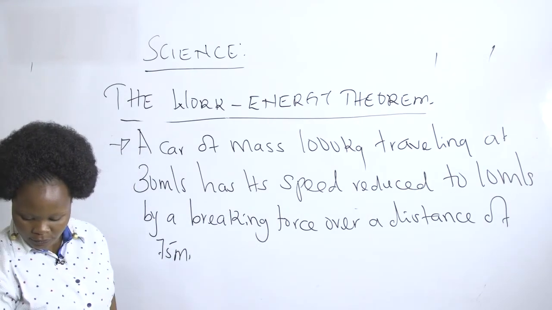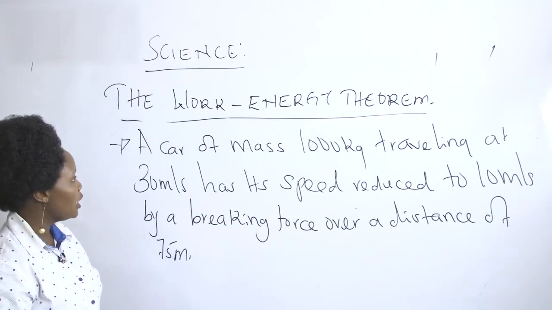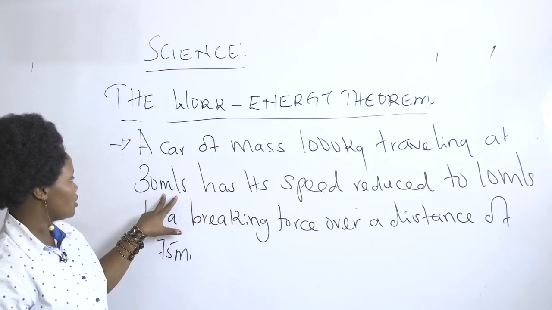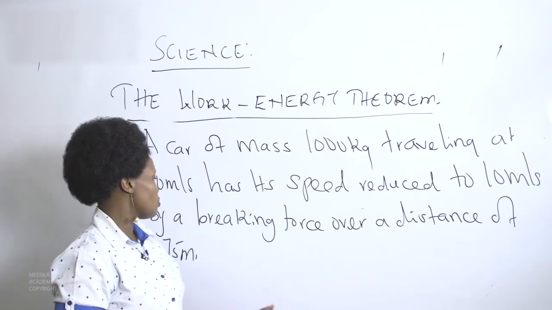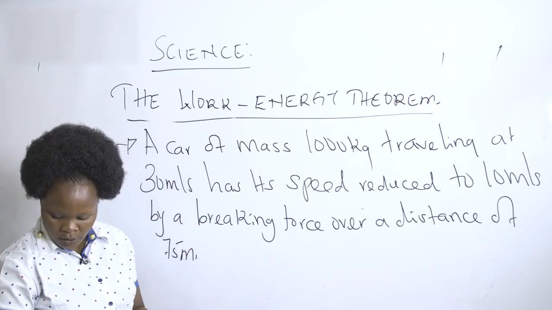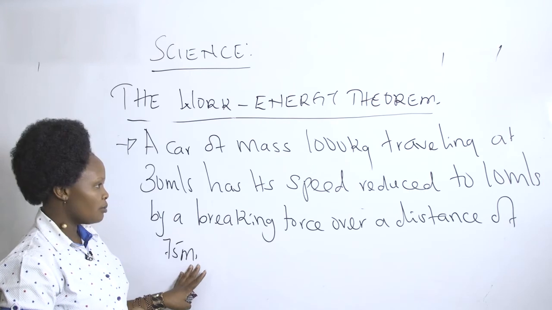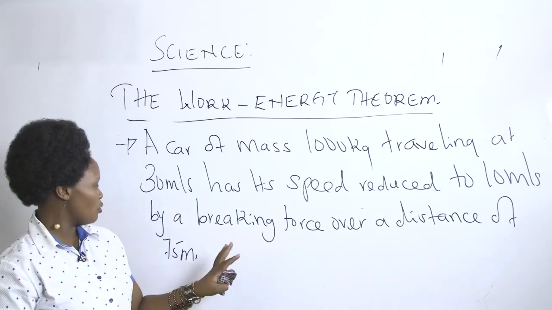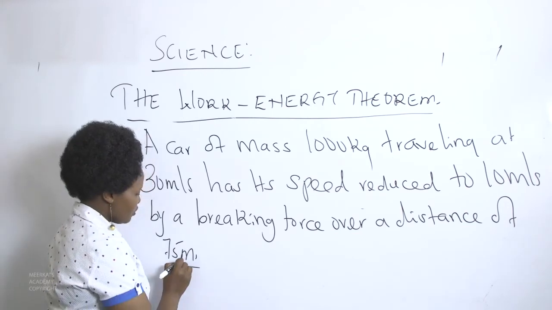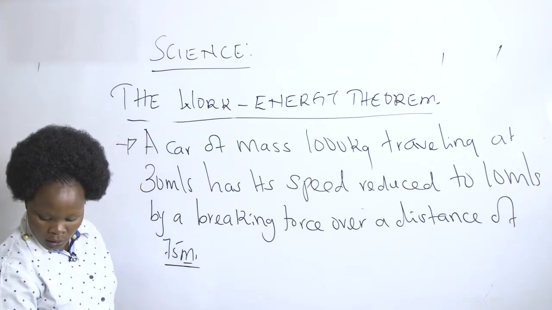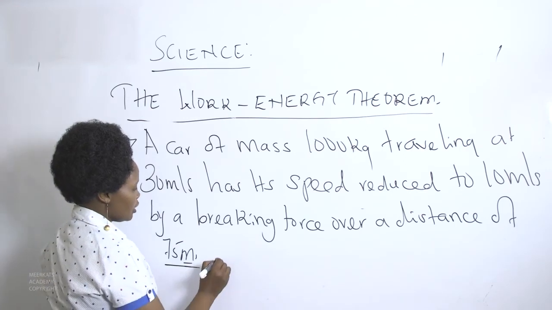A car of mass 1000 kgs traveling at 30 meters per second has its speed reduced to 10 meters per second by a braking force, and the braking force works over a distance of 75 meters.